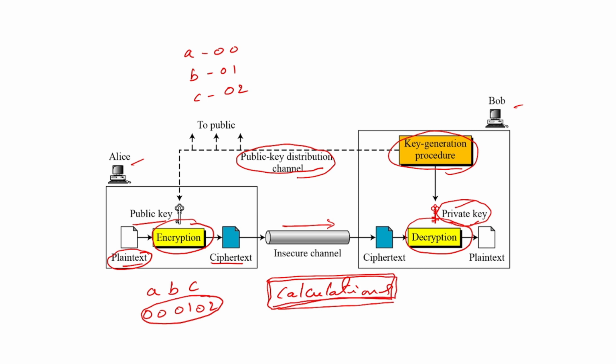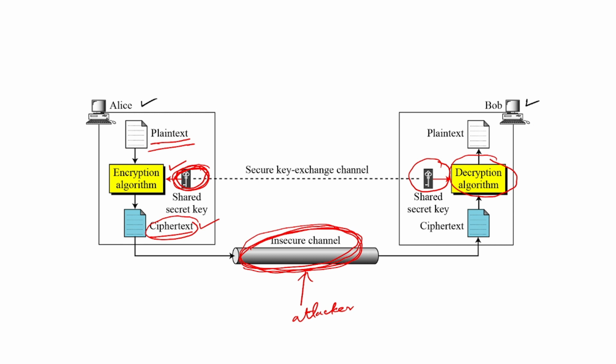In symmetric cryptography, we are substituting one character in the place of another character, or transforming, that is, changing the positions of the plain text characters from one position to another.